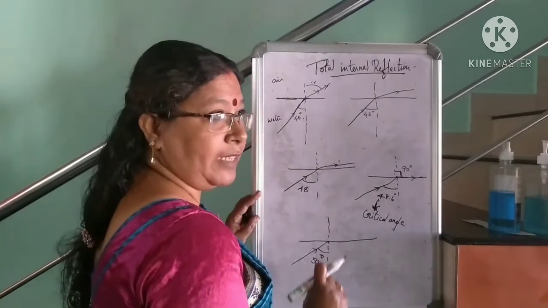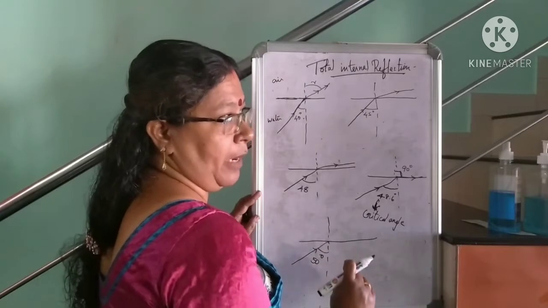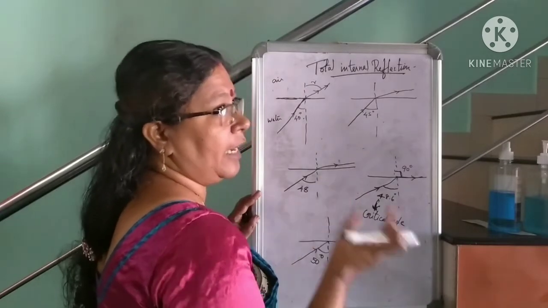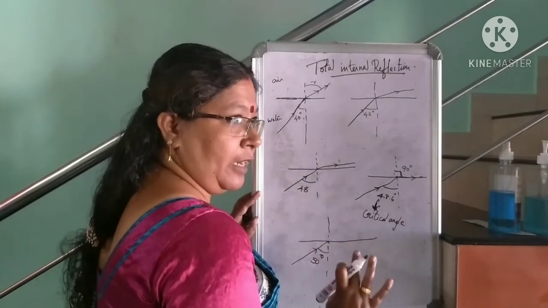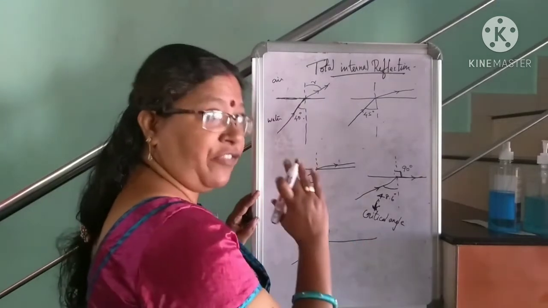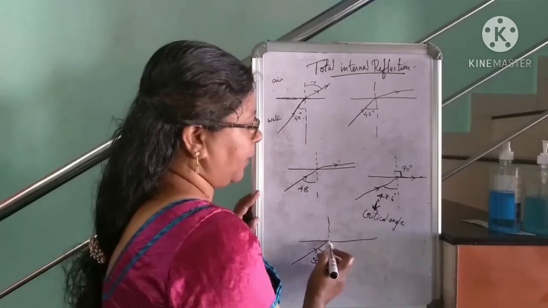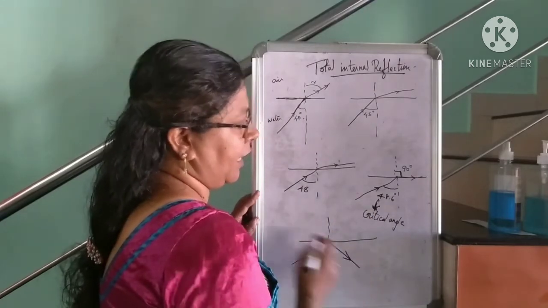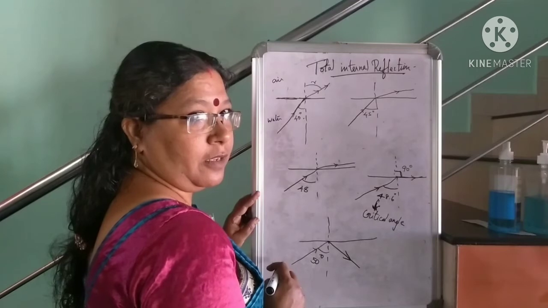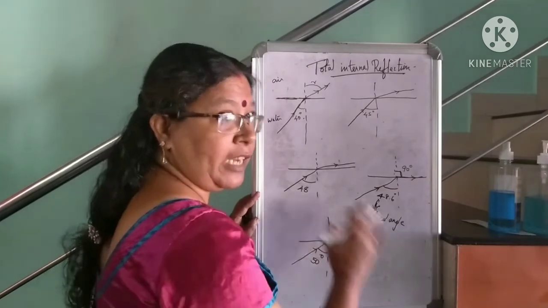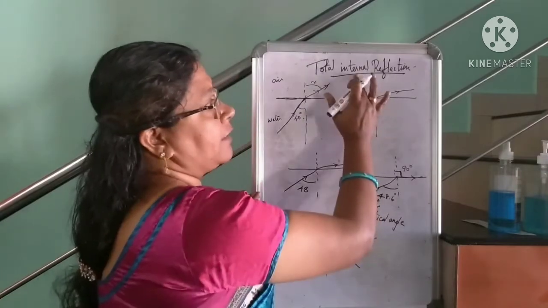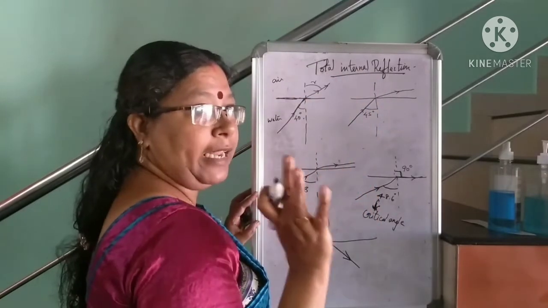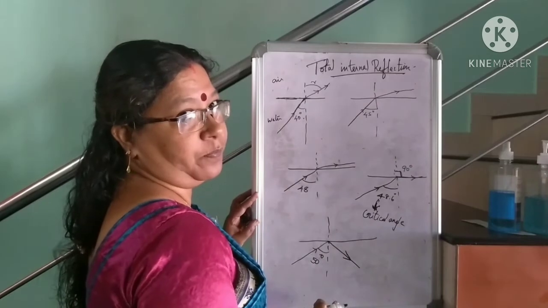If a ray of light is falling on a denser medium at an angle greater than the critical angle, then the light ray will not be refracted outwards. It will be reflected inwards. It will be totally reflected into the same medium, and that phenomenon is known as total internal reflection.